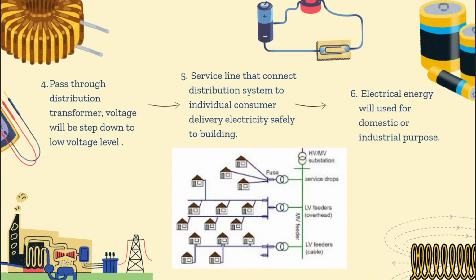Number four, passing through the distribution transformer, the voltage is stepped down to a low voltage level. And five, the service line that connects the distribution system to individual customers delivers electricity safely to the building. The last, electric energy will be used for domestic or industrial purposes.